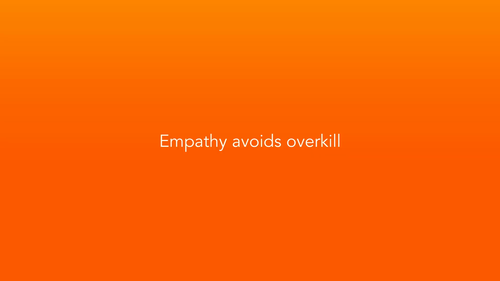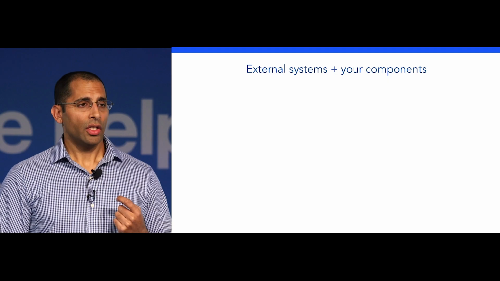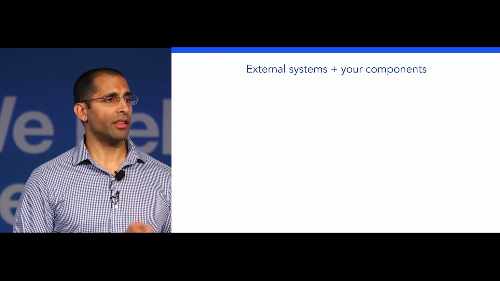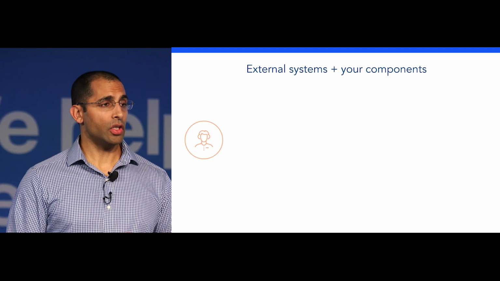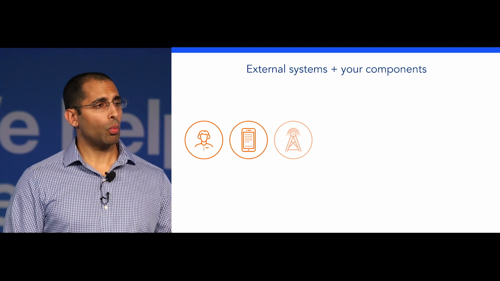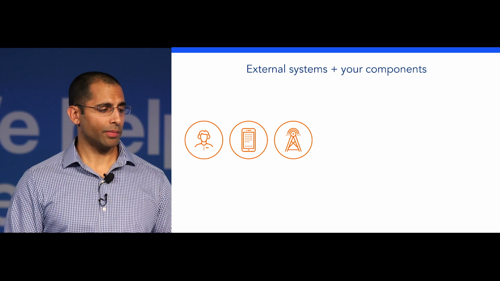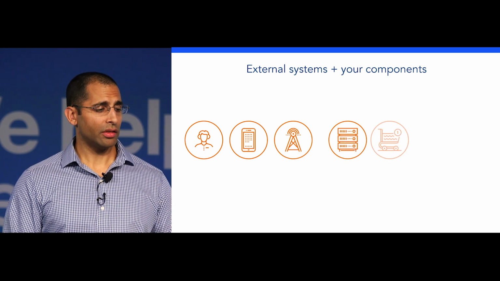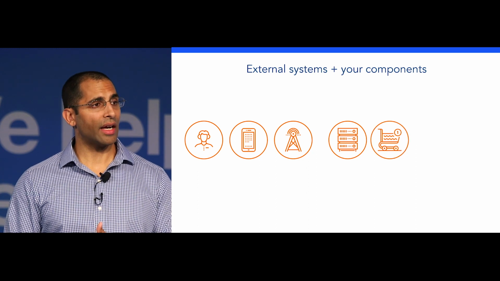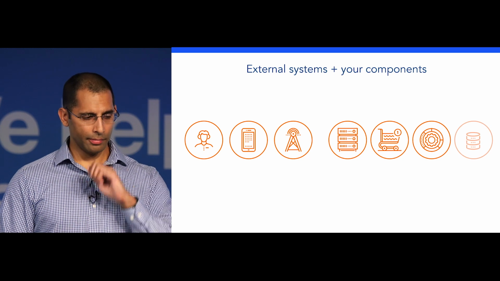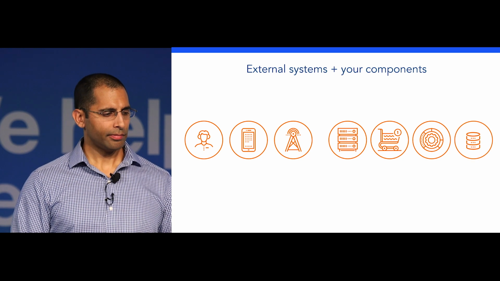Another good thing about empathy is that it avoids overkill. You've got external systems and your components that combine to make the user experience. You've got the user, you've got their phone or their tablet, you've got whatever cell tower they're connecting to. And then on your end of things, you have your load balancer, you've got your shopping cart application, you've got some kind of back-end service, and you've got your database.